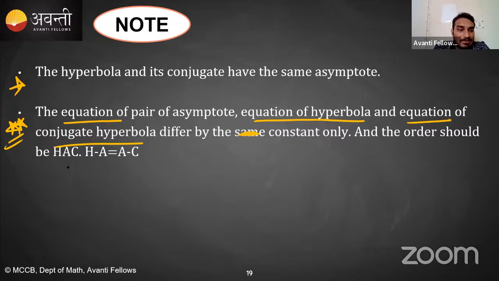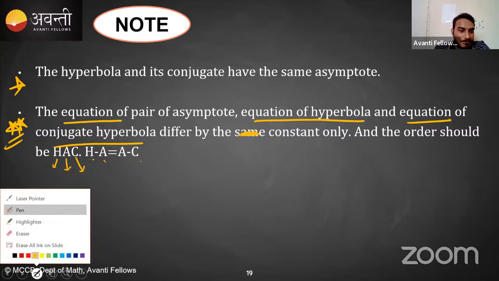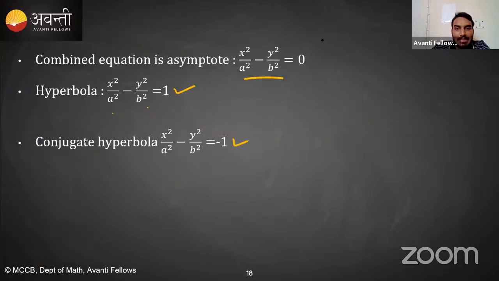And the order should be HAC, means H minus A is equal to A minus C. ये HAC का मतलब क्या है? The constant in the hyperbola equation is H. The constant in the asymptote equation is A, and the constant in the conjugate hyperbola equation is C, and the relation is H minus A equal to A minus C. For example, in this case, what is A? 0.